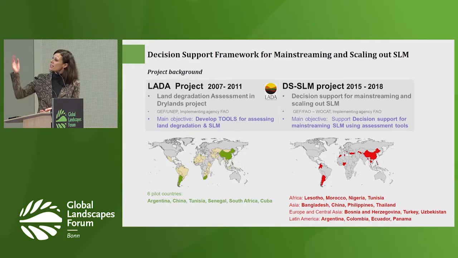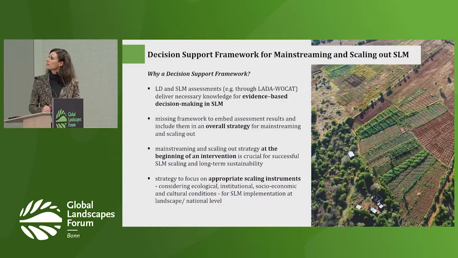So you can see, can you hear me? Okay. The DSSLM project, as you can see here, was implemented in these 15 countries on 3 continents. So why did we need that framework?